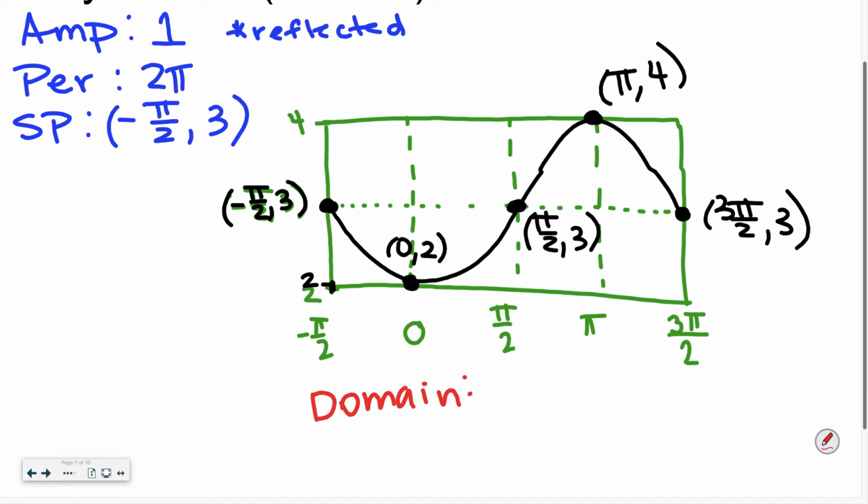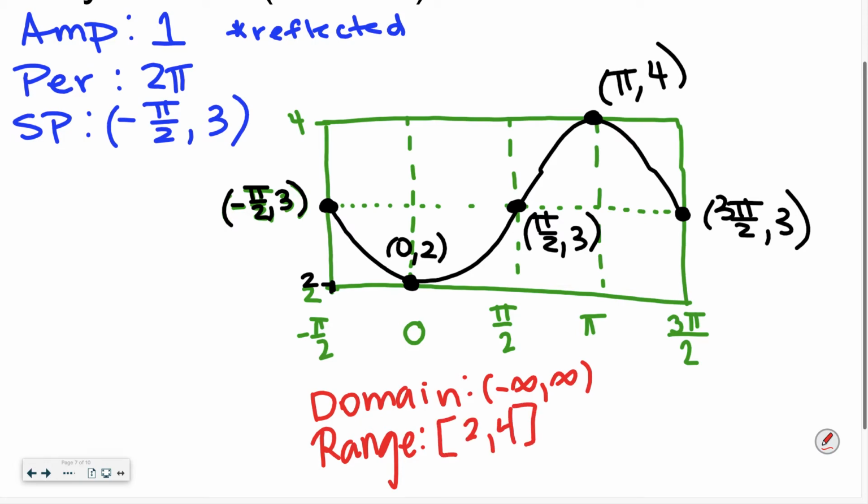Everybody, what's our domain? All numbers, for this particular graph. Jack, what would our range be? Maybe 2 to 4. Good. 2 to 4. Our frame vertically stretches from 2 to 4.